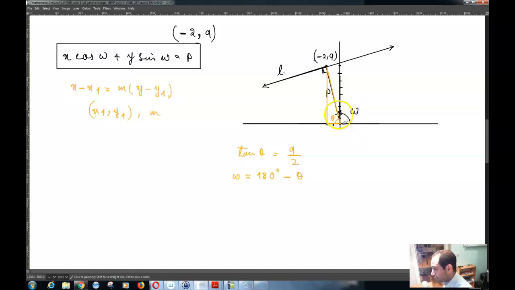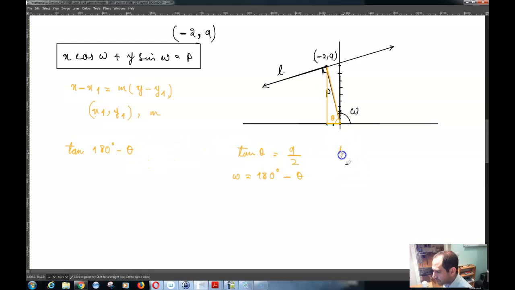So what I can do is find some relationship between tan of 180 minus theta and tan of theta, and then I could find out what this angle is, and then I would be able to find the slope of this line. So I write tan of 180 minus theta.